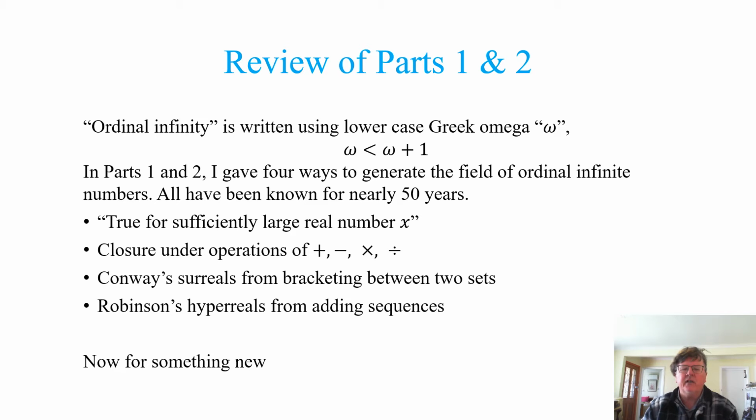One is to say that if this fact is true for a sufficiently large real number, then it's true for infinity. A second is closure under the operations of plus, minus, times, divide, and all the rules that go with that. Commutative rules, associative rules.